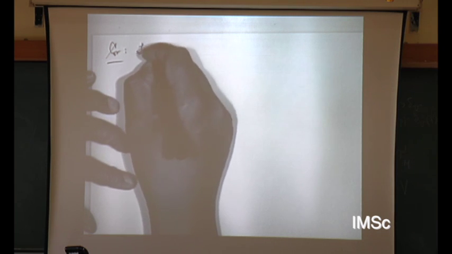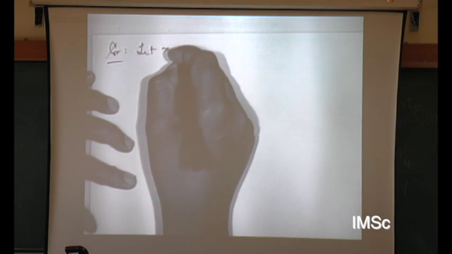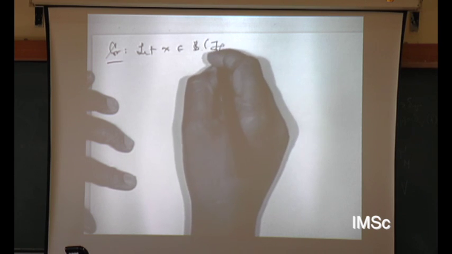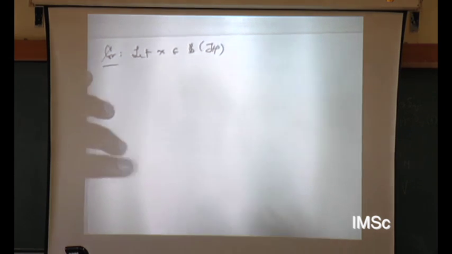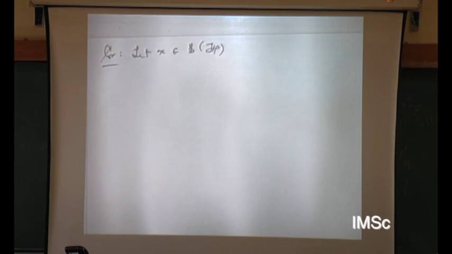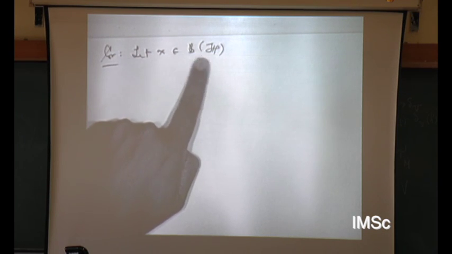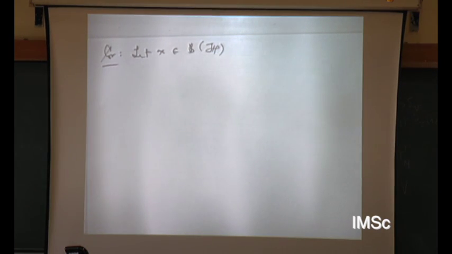Let x and y be in the Hilbert space. By the way, for notational consistency, I will start writing these funny symbols for Hilbert spaces and subsets.